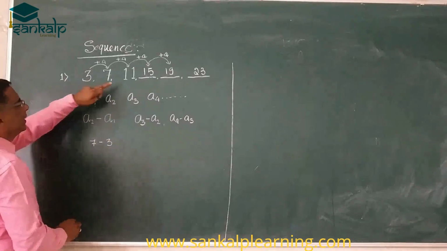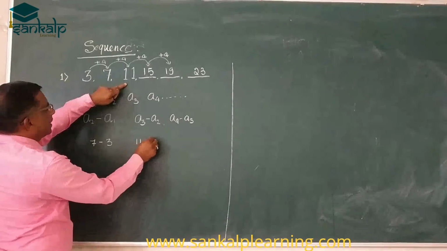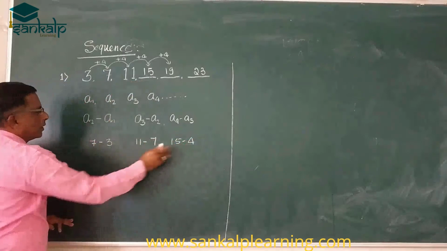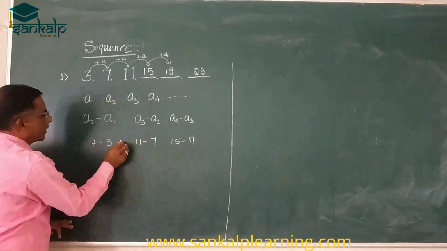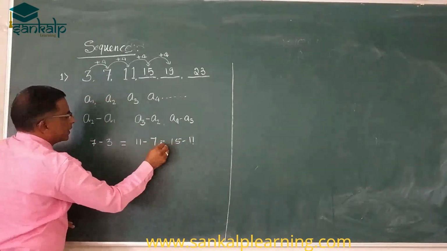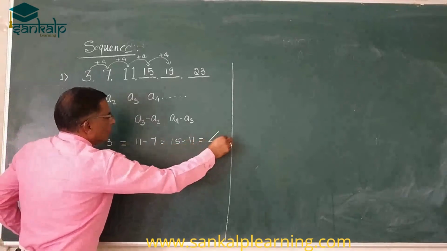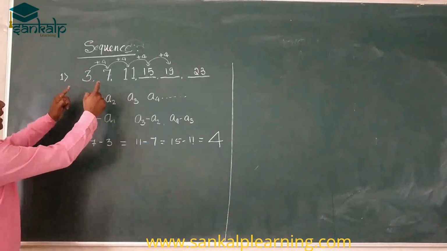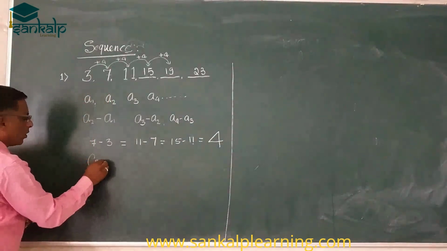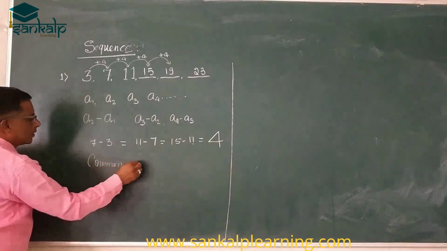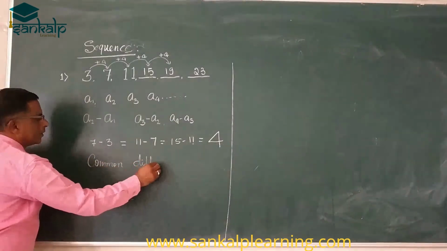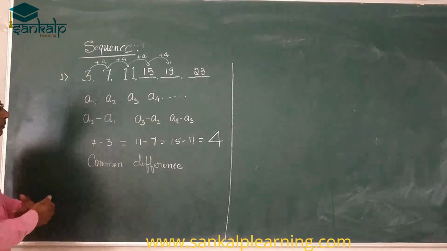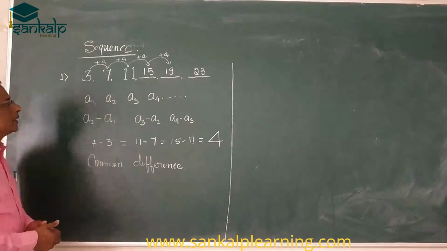Subtract 7 minus 3, or 11 minus 7, or 15 minus 11. One thing you can notice in all these cases is the difference is 4. This difference between the consecutive terms is called the common difference. So in our first example, we are getting a sequence by adding a fixed number.